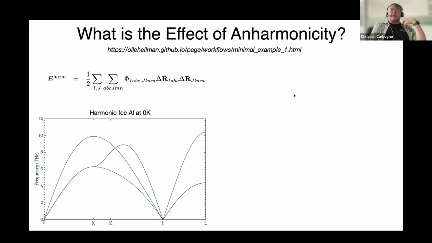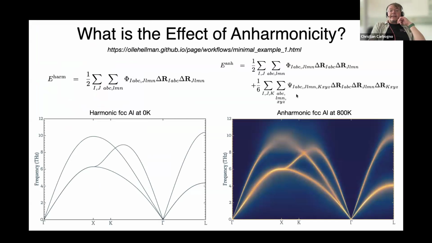What you can do is to explicitly start evaluating not just the harmonic part of the Taylor expansion, but also include third order effects, so the next order in the Taylor expansion. And what then happens is that you no longer get a nice band structure, but you get so-called spectral functions. So these phonon band structures are no longer sharp, but they get a finite width.